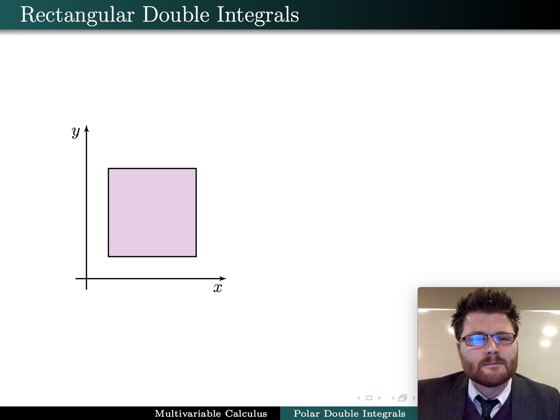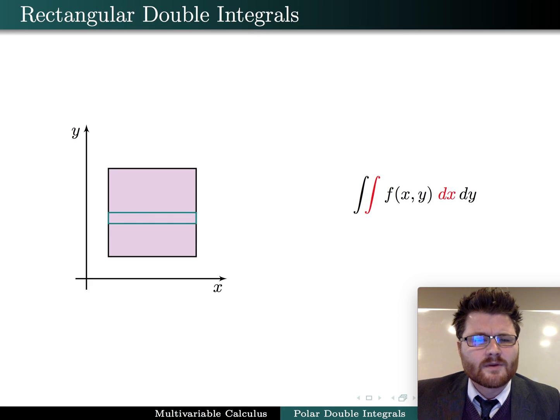And if we look at that iterated integral, when we're integrating with respect to x, we're taking from some minimum x value to some maximum x value, and then integrate that with respect to y, which adds up all those different strips along the x direction.